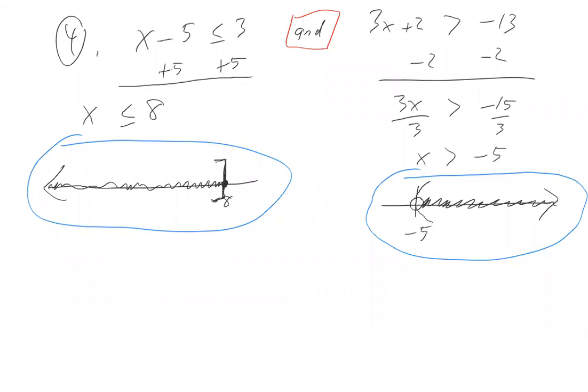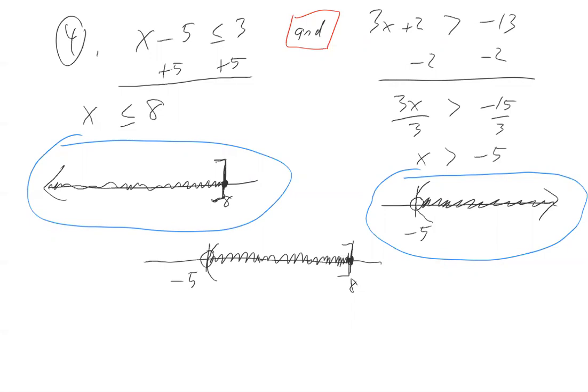Well, that would be the graph that is everything greater than negative 5, like this, but also is less than or equal to 8. So between those two numbers is the part that's in common between both of those graphs, because these numbers that I'm shading are actually part of both of the previous solutions.